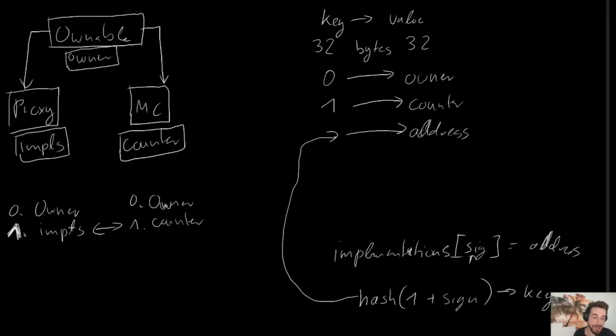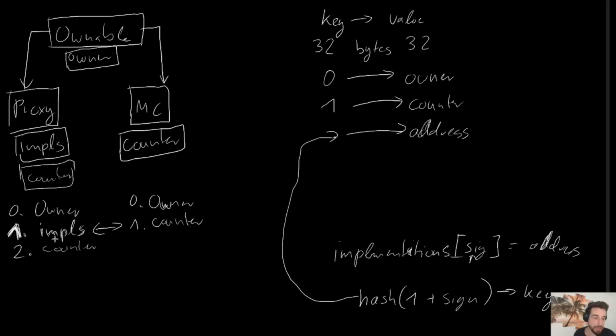In a way, the implementations mapping is reserving the storage slot 1 for itself, because if the proxy had another storage variable such as counter later, then counter would end up at the second index instead of at the first, even though implementations isn't even using this one.